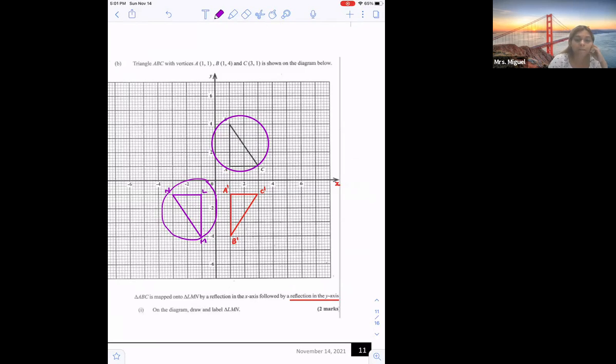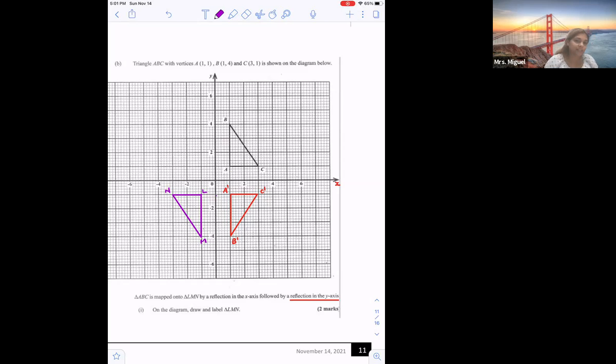So remember, what is a translation? It is a slide. Like you are doing a dance, you are standing on one point, you move your left leg, that is a translation. A reflection is a mirror image.